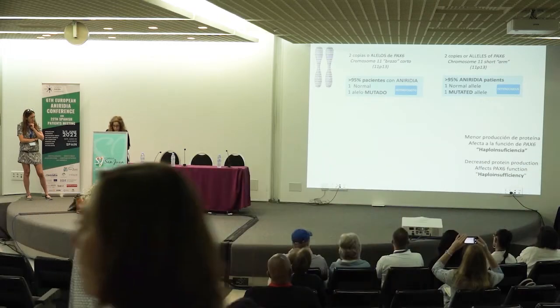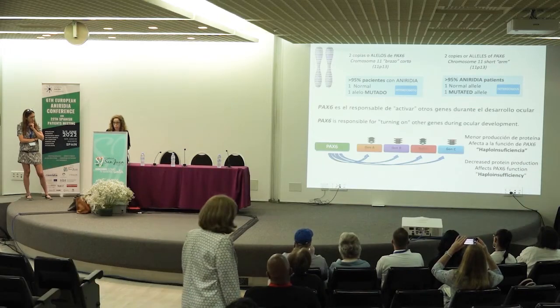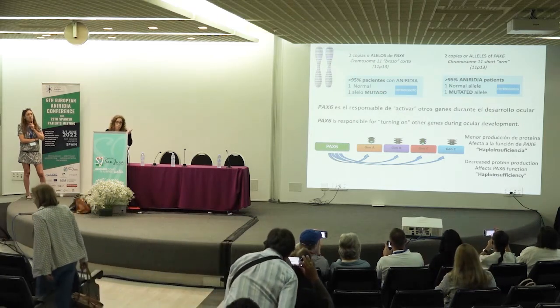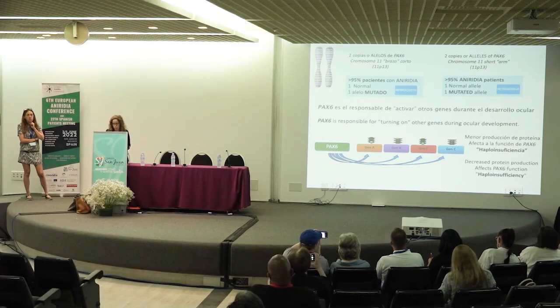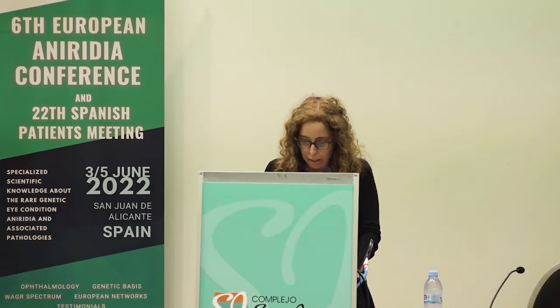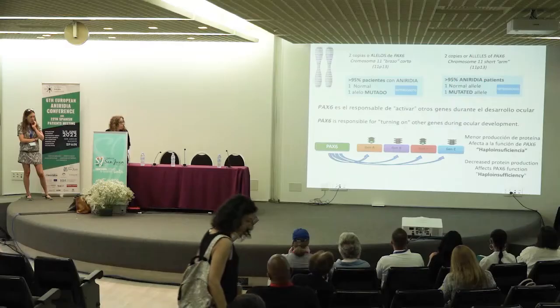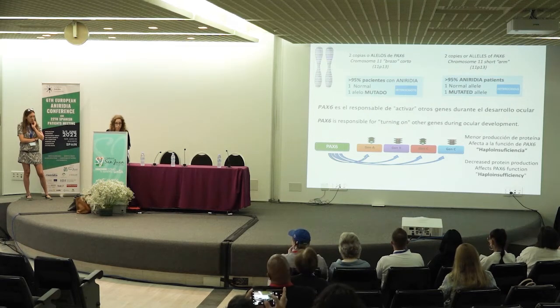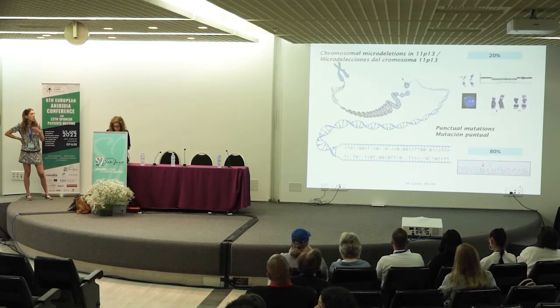allele. PAX6 is a very important gene during ocular development for turning on other genes during embryogenesis. Mutations in PAX6 cause a decreased production of the protein, and this affects the function of PAX6; this is called haploinsufficiency.